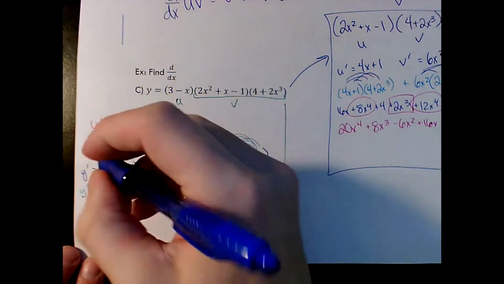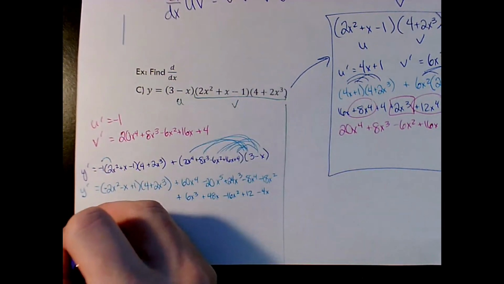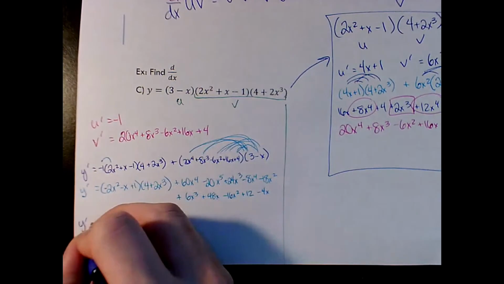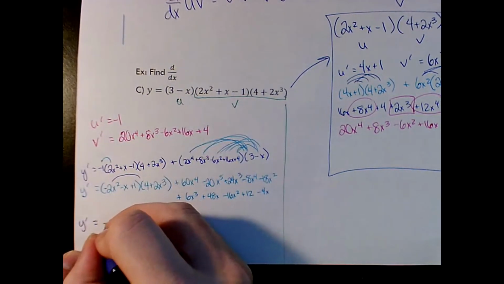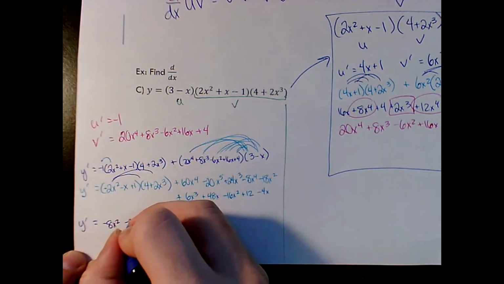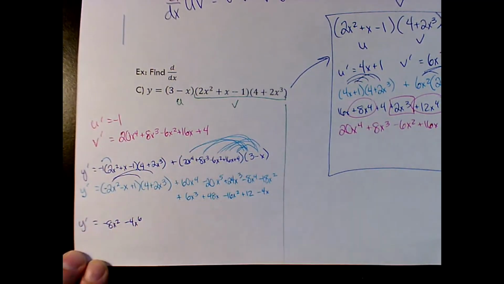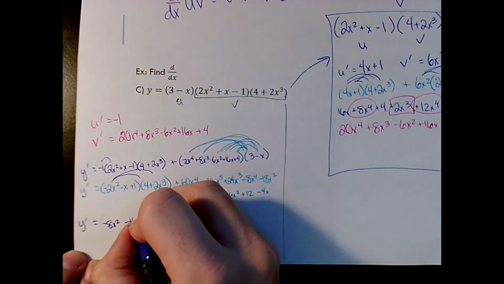Now I have to FOIL this. I'm just going to write it all out just for funsies. I love having a good time. Negative 8x squared, negative 4x to the 5th. Oh, that could have been a disaster.